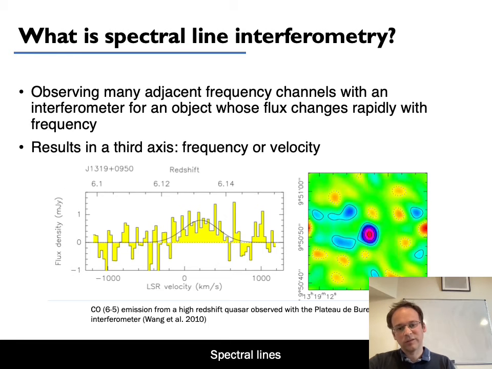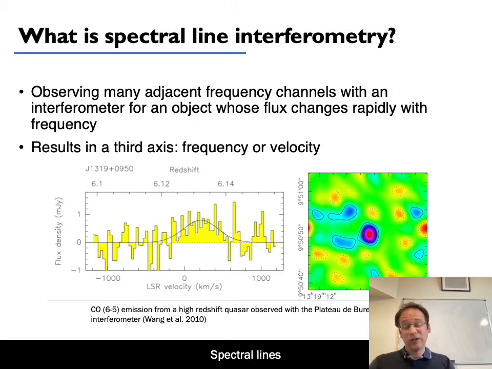So what does spectral line interferometry actually mean, and what are the key differences from, say, normal continuum interferometry? Well, it's not obvious, but really it's all about whether the flux density of the signal changes rapidly with frequency. When we talk about continuum observations, we typically are thinking about the signal changing slightly with frequency, but not very rapidly.